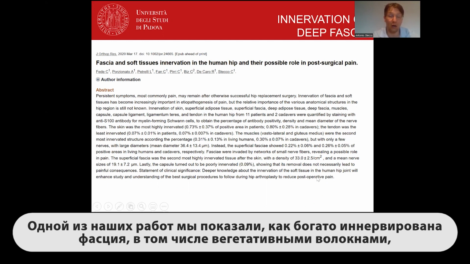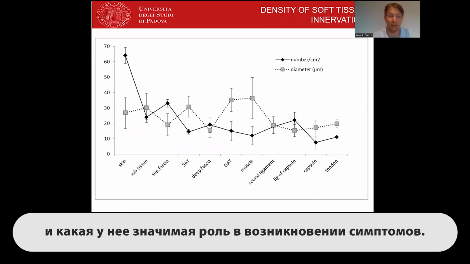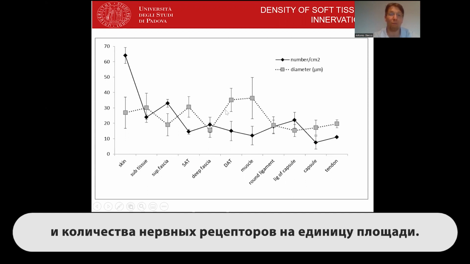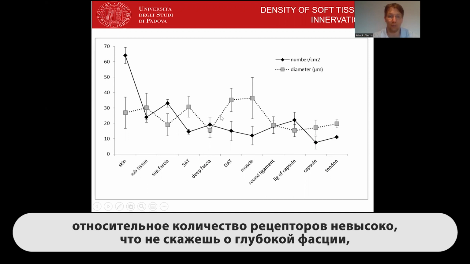And it shows that one of the tissues that are most innervated is, by the way, the superficial fascia with a lot of autonomic fibers. The deep fascia is not doing so badly either, because even if the number is small and the diameters of these capillaries are very high, they tell you that there are a lot of motor units correlated, but not sensory. So checking just the diameters that are more related to the sensory, we see an increase, a drop, an increase, and now we start to get a plateau.